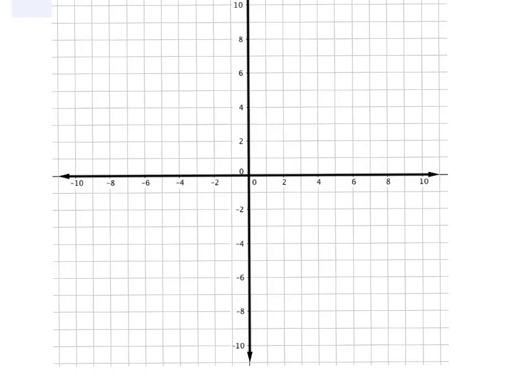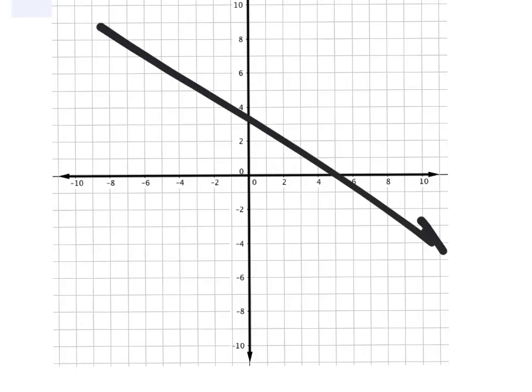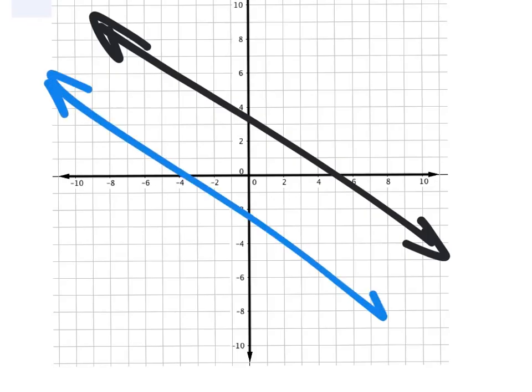Or perhaps you might have one line going like this, and your other line going like this. In which case, how many solutions do they have? They have no solutions because these two lines are parallel, so they're never going to meet. So you have a couple of options. You have one solution where they cross.